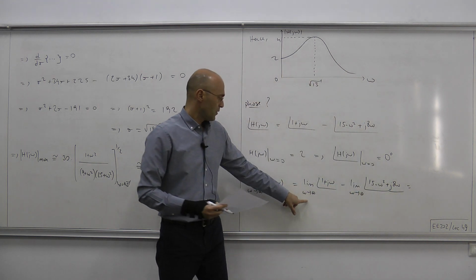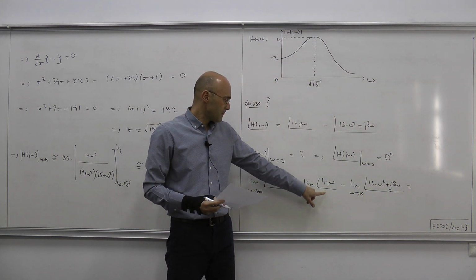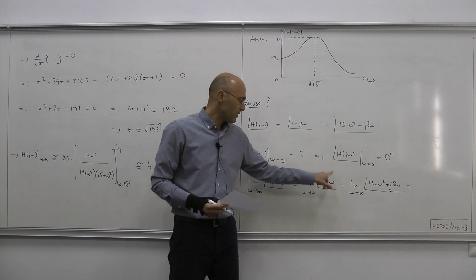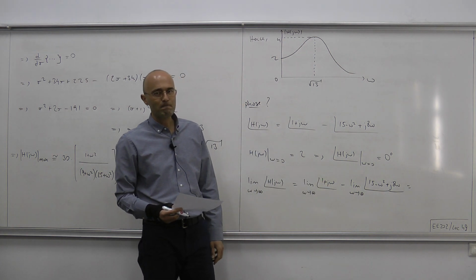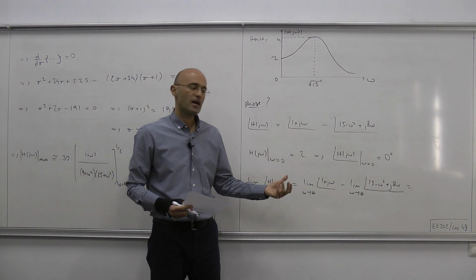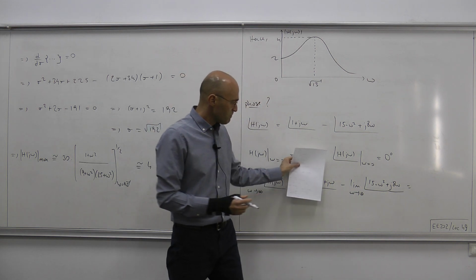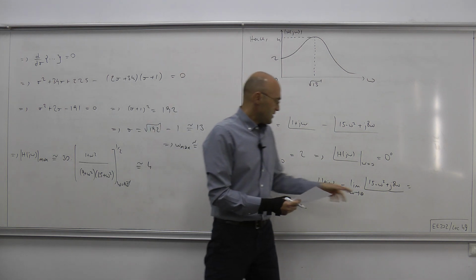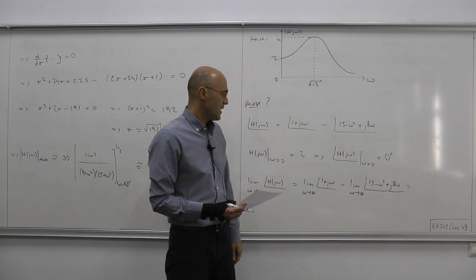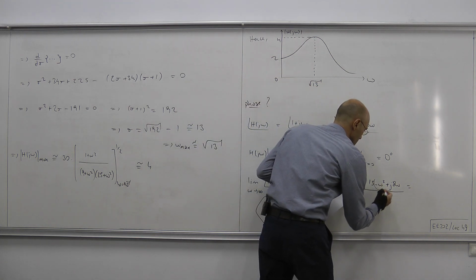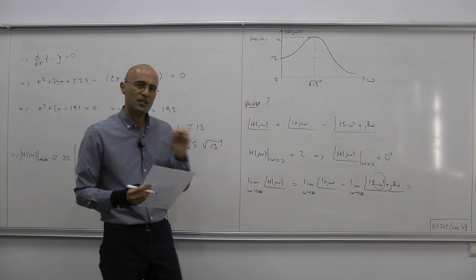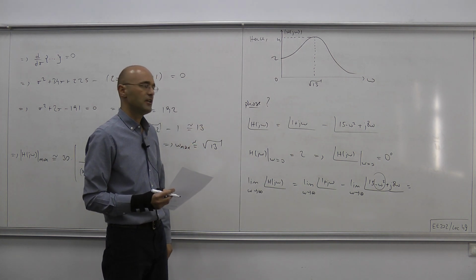Okay, so the phase of this is clear. As ω goes to infinity, the numerator is dominated by jω, the phase of which is 90 degrees because it's purely imaginary. As for the denominator, the dominating term is a negative real number, therefore its phase is 180 degrees.